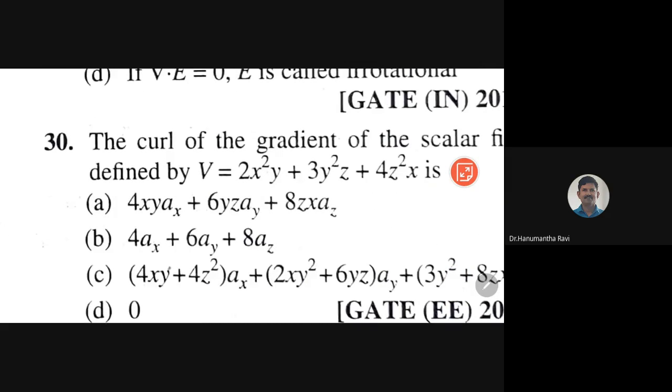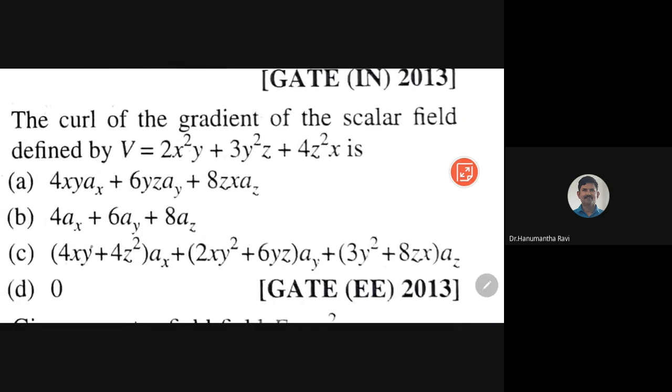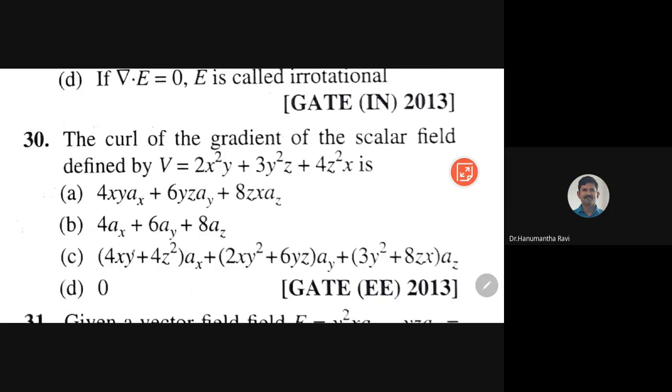Now see this one. The curl of the gradient of the scalar field defined by that field.